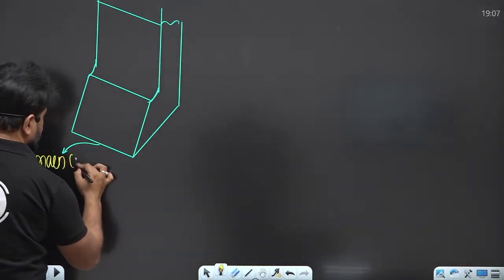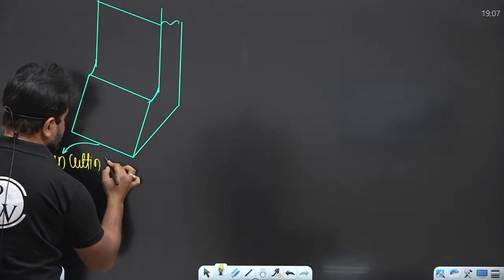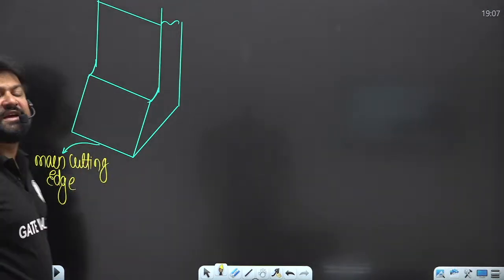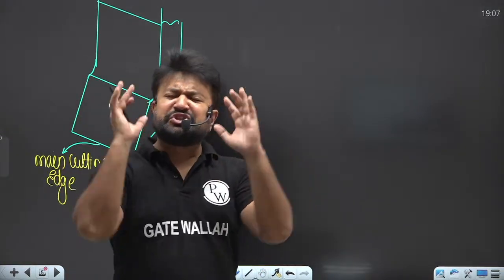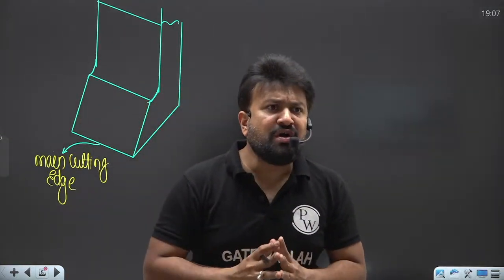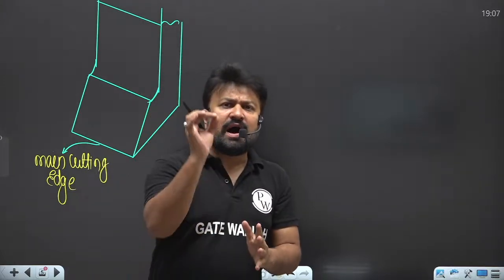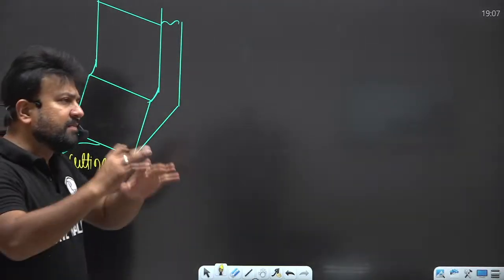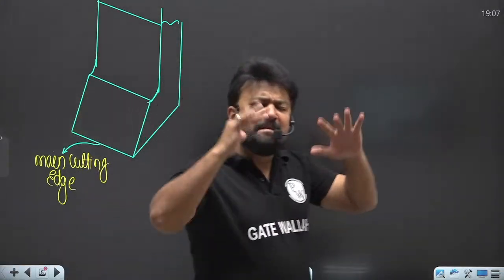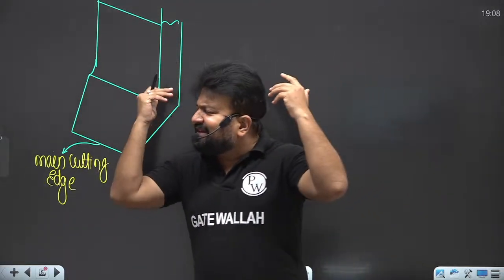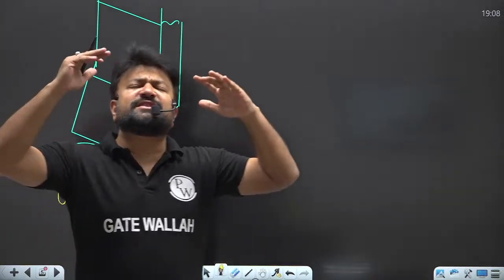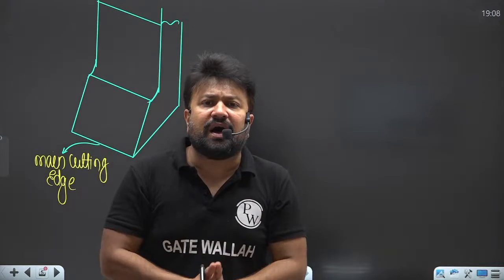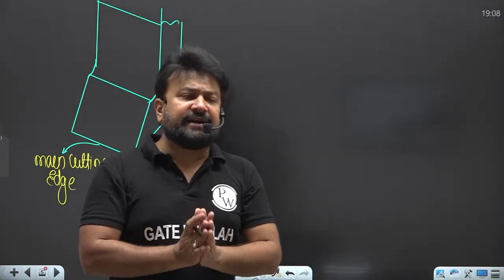In a machining operation, how many cutting edges are going to participate? There is only one cutting edge which participates in the machining operation. That's why we call it a single point cutting tool.